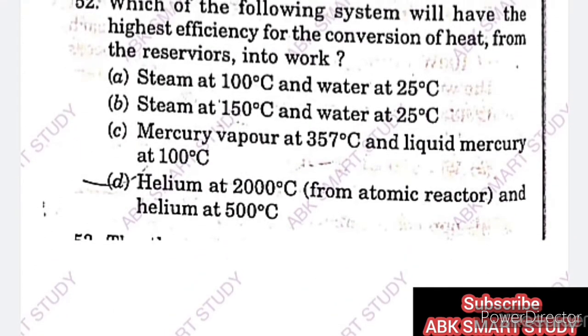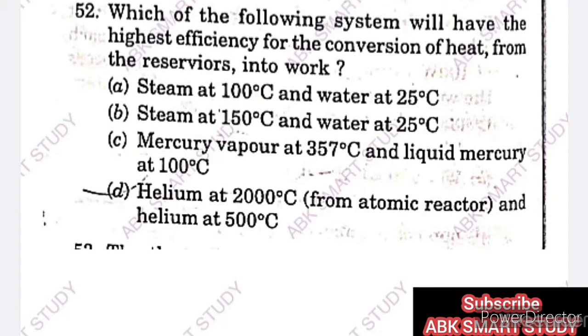Which of the following systems will have the highest efficiency for the conversion of heat from the reservoir into work? System 1, steam at 100 degrees Celsius and water at 25 degrees Celsius.